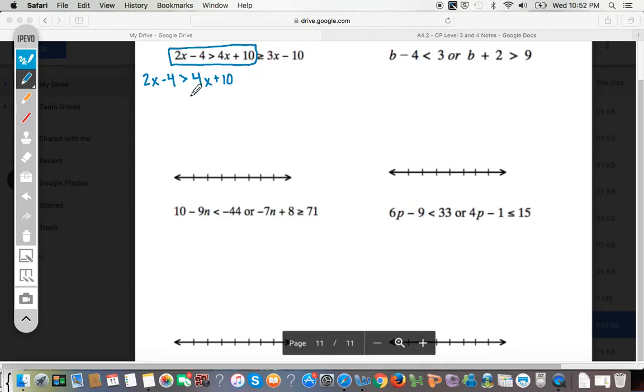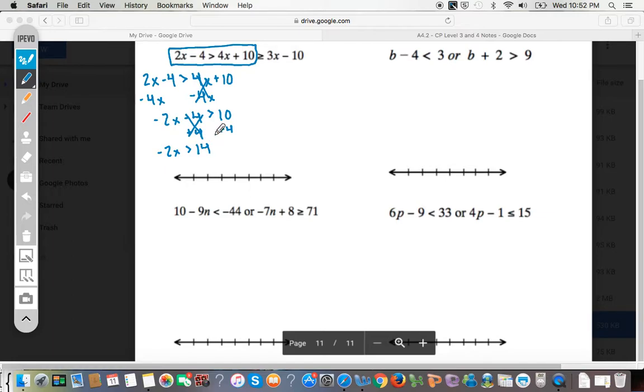So I'll subtract 4x on both sides. Okay, that cancels. So I have -2x minus 4 is greater than 10. So I'll add 4 to both sides. So I have -2x is greater than 14.